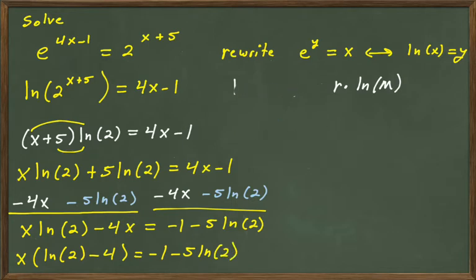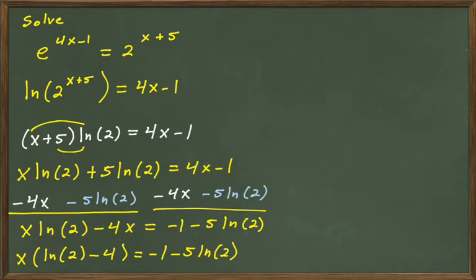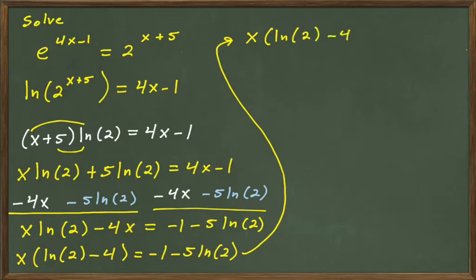Okay, we'll go ahead and come back on up here to the upper right-hand corner and finish solving. So we have x times the quantity natural log of 2 minus 4, and that's going to be equal to negative 1 minus 5 natural log of 2.